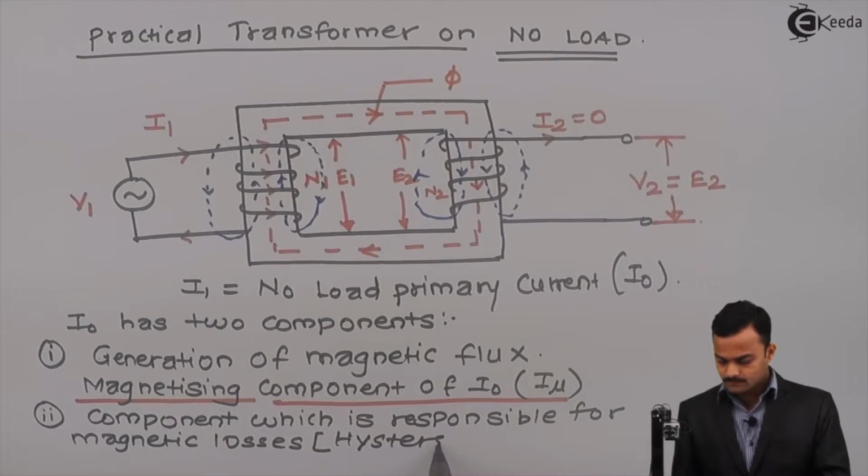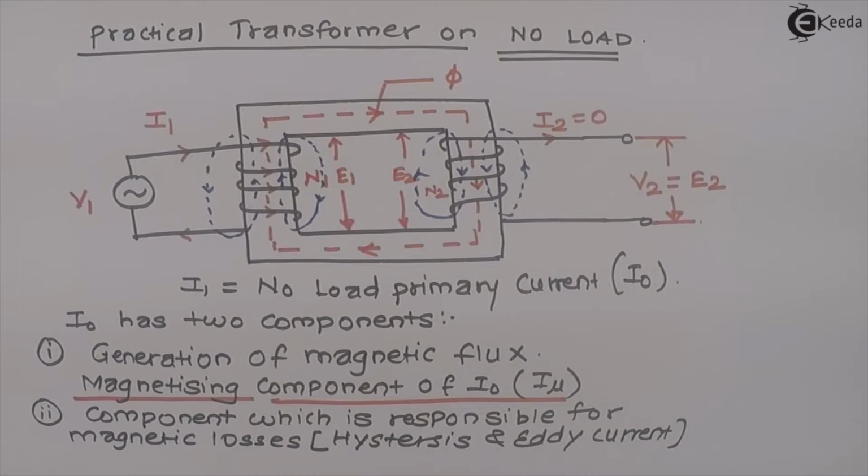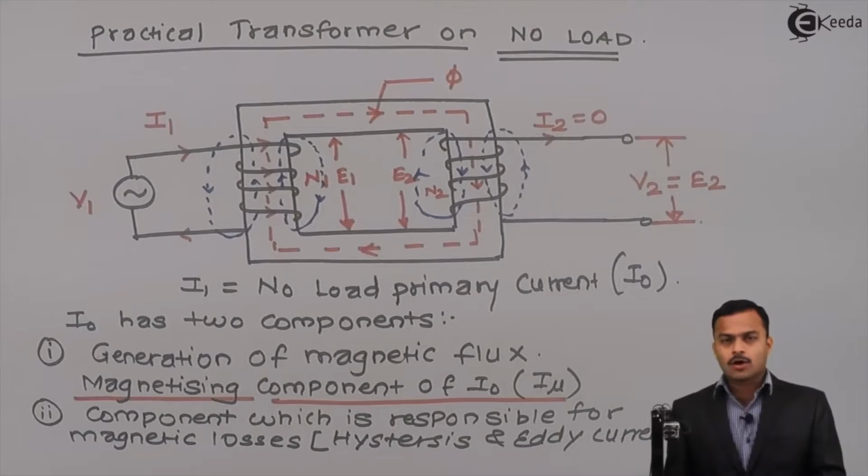Hysteresis and eddy current. Along with the magnetic losses, there will be some primary side copper losses, the I square R losses of the primary winding.